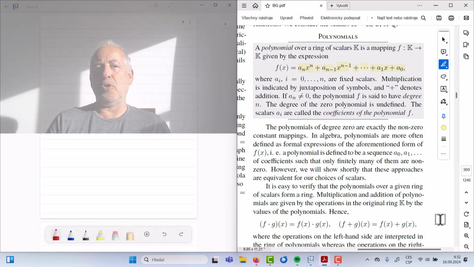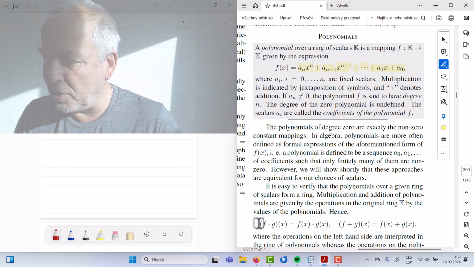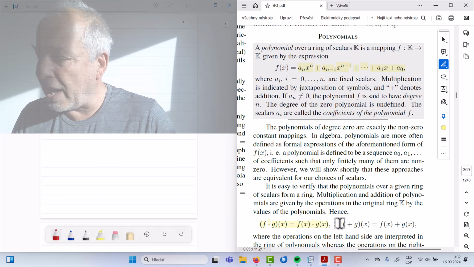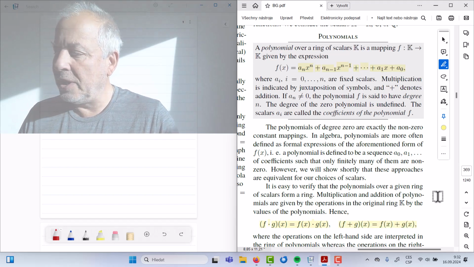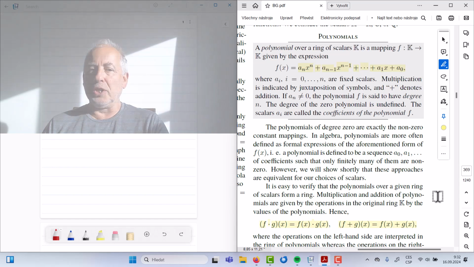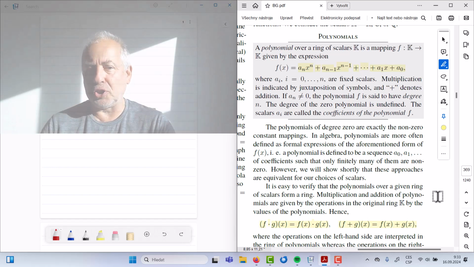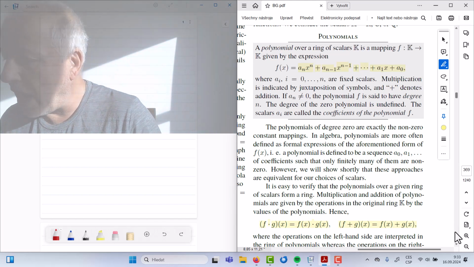For example, with polynomials you can multiply them as described here, you can add them as described here, and all the properties of the scalars will hold true, except that the polynomials have roots, so they are sometimes zero. Therefore you can't divide, so it won't be a field, it will be just a ring, right? But still, many of the behaviors are there.